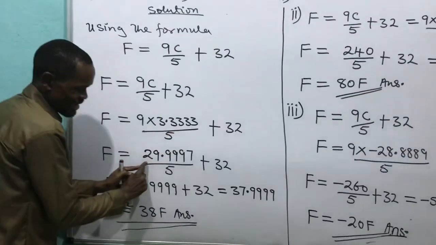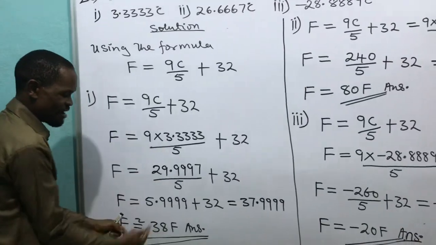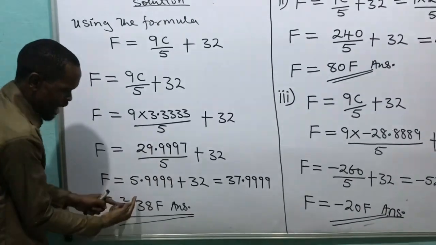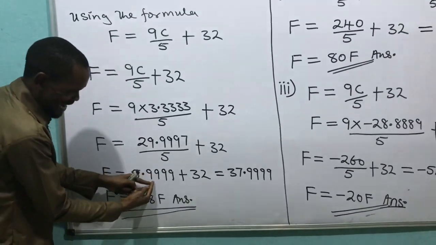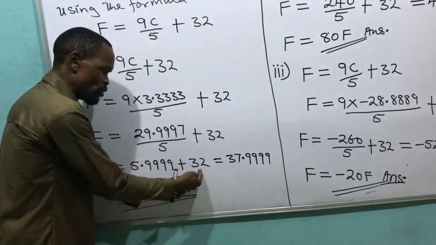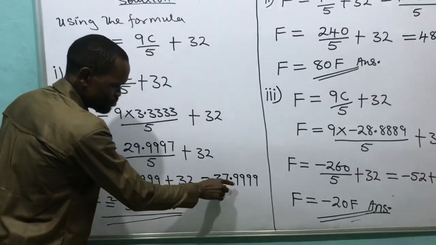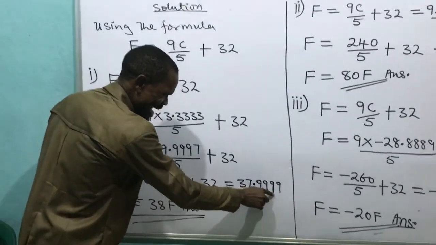Multiply by 9, it gave me this. Then divide by 5. As I divide this by 5, I will get 5.9999. Then plus 32. Adding this together, I have 37.9999.